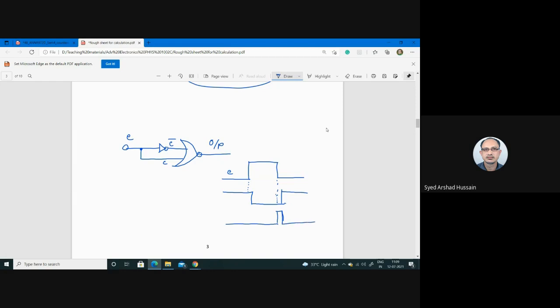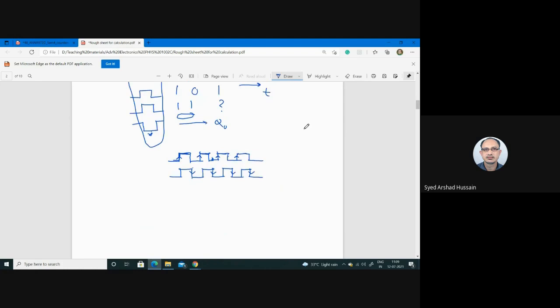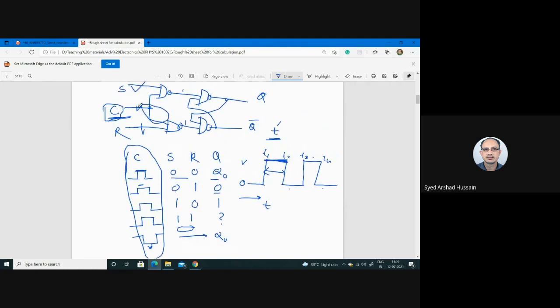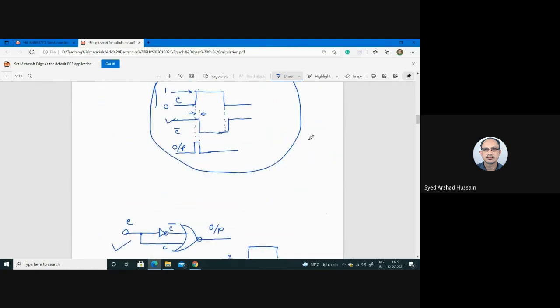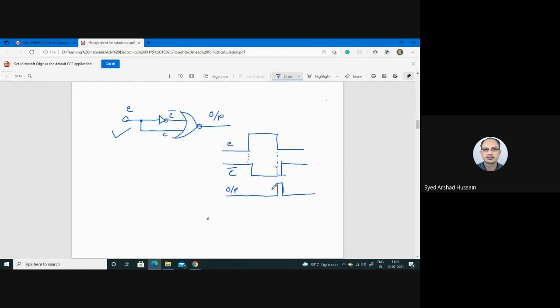So you will see this is your clock bar, this is your output. Okay, so if you use this circuit in your flip-flop, this time period will be obtained as the high signal. It's a triggering pulse because of its very small width. So during that time, depending on your input, your output will change. Okay.